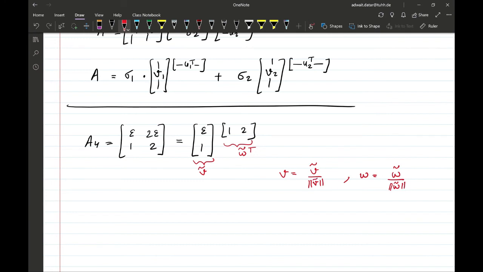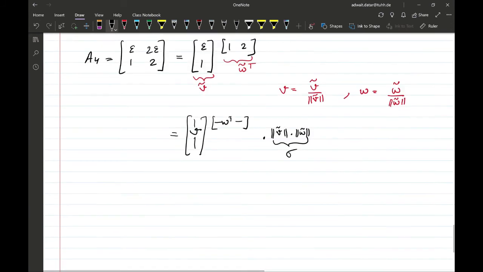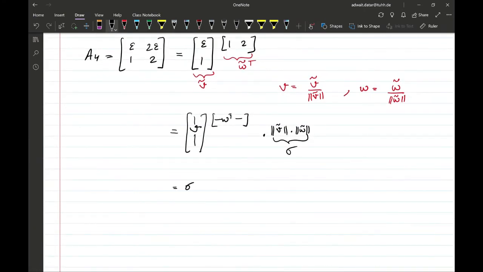So basically just normalize both these vectors and write down A4 as V times W transposed multiplied by norm of V tilde times norm of W tilde, and we can call this sigma, and we would get A4 equal to sigma times V times W transpose.